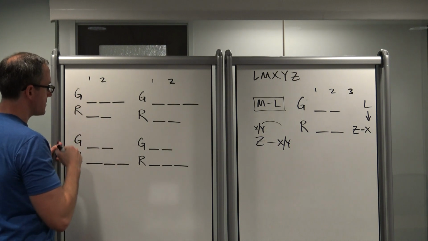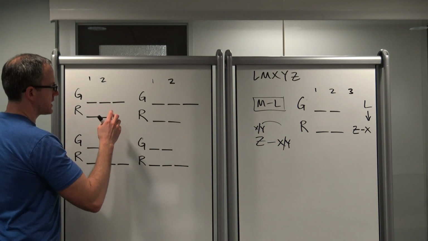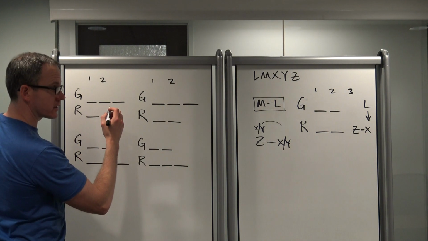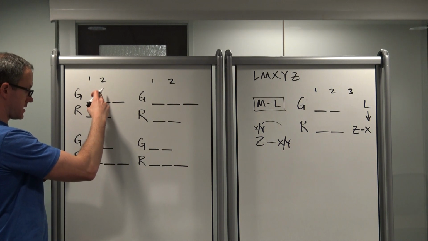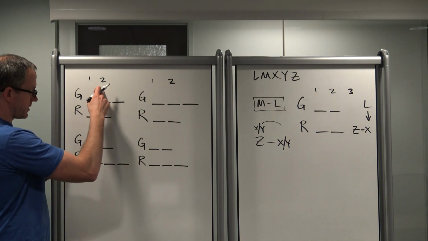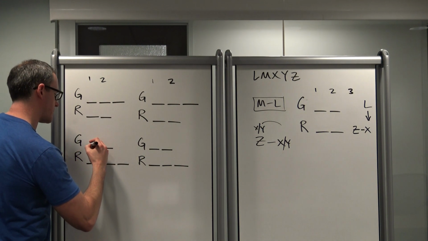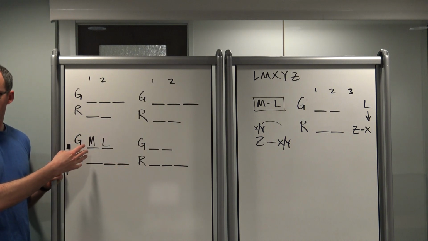Up here, I'm going to have L go ML on the top, and then ML on the bottom. Or no, ML top, ML top. So ML top right here is easy because it's got to be like this, right?